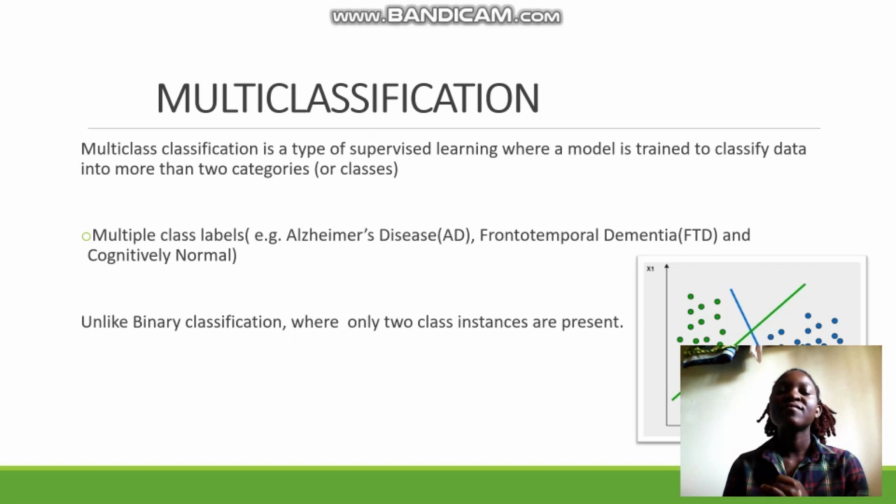Then when you bring in a new picture or a new image of the animal, it can classify that this one belongs to this one and this one belongs to that one. So it is using labeled data like the images of the animals. So unlike the binary classification where there are only 2 class instances, in multi-classification we have more than 3 class instances.